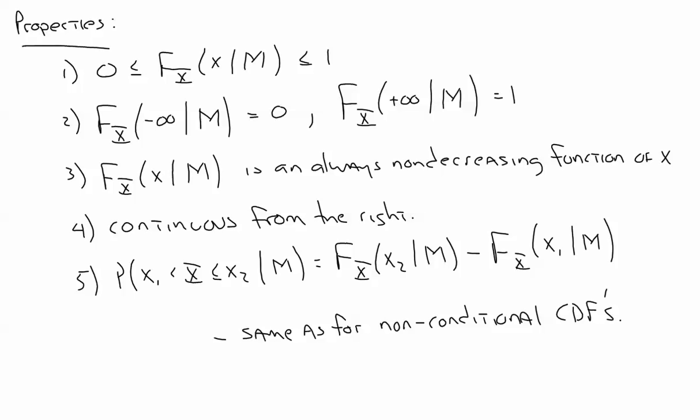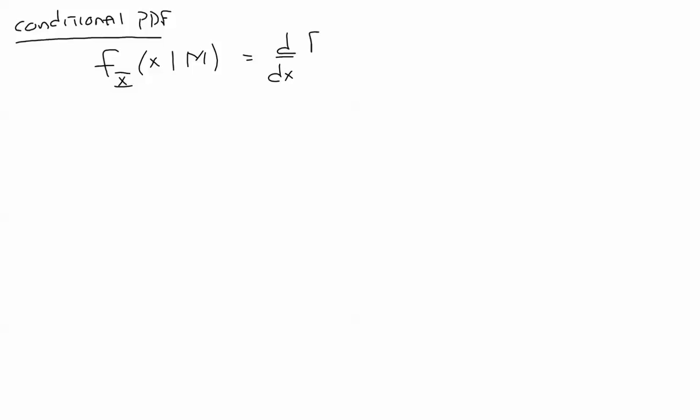All right. What about the conditional probability density function? Well, just like with non-conditional PDFs, the conditional PDF is found by taking the first derivative of my conditional CDF.